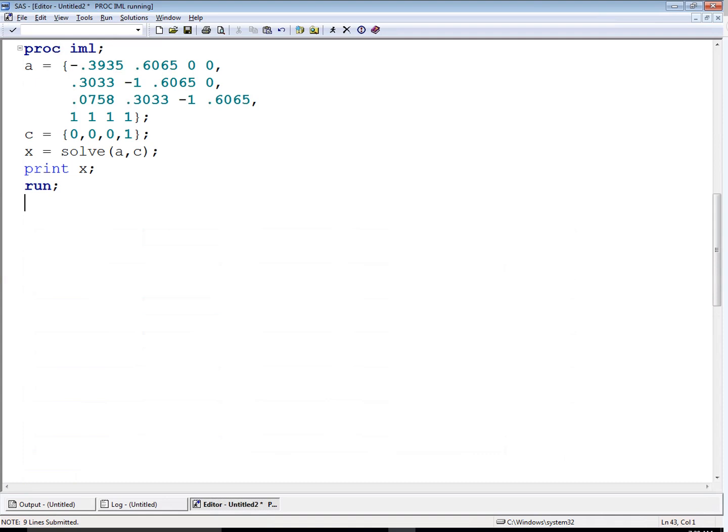We can think of the C as the right-hand side of the equation. And then I can create X, which is the solution to these equations, and then print X.